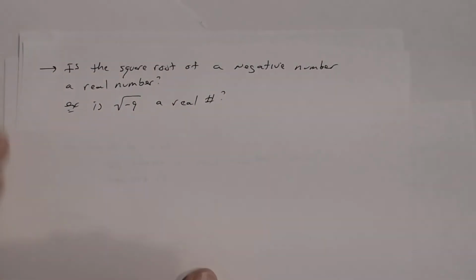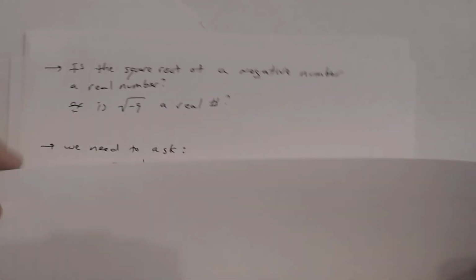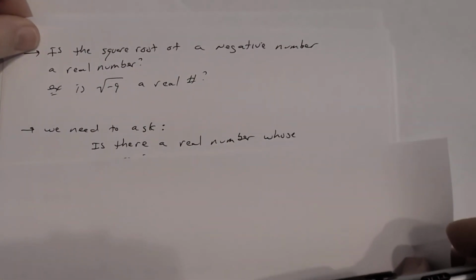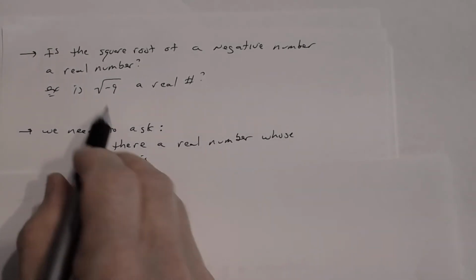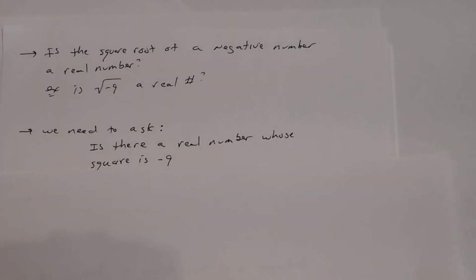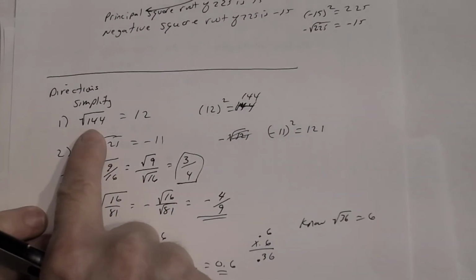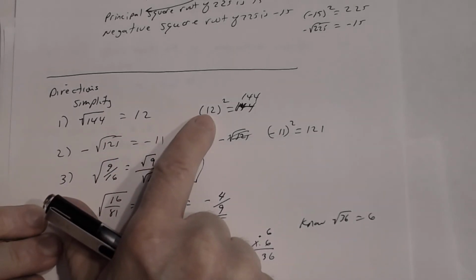Well, let's think about that. We need to ask ourselves: is there a real number whose square is negative 9? Remember we said the square root of 144 was 12? That's because there's a real number 12.